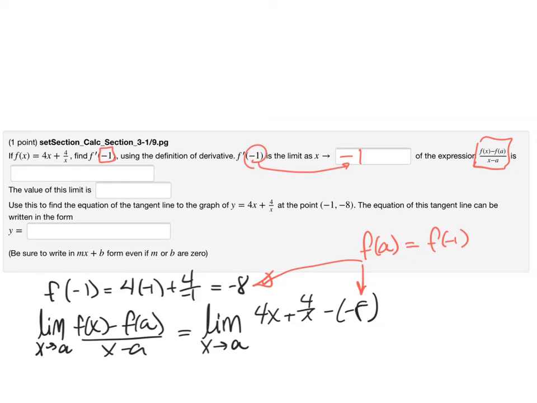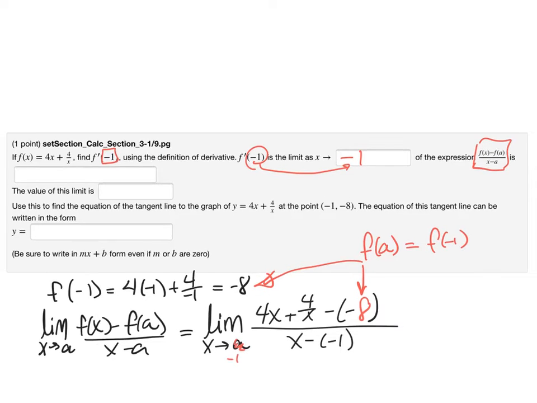And that is an 8. So that is an 8. In my denominator, it is x minus -1. And right here, I should be using also -1. So here should be -1.